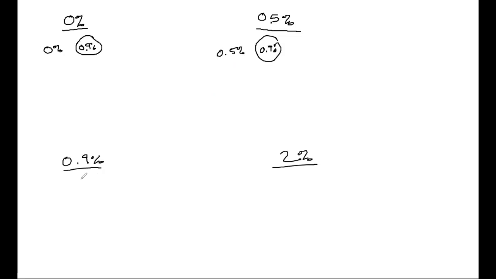For this one, it would be 0.9 inside and 0.9 outside the cell. 2%, oops, sorry, I did it again. 0.9 inside the cell, and then 2% outside the cell.